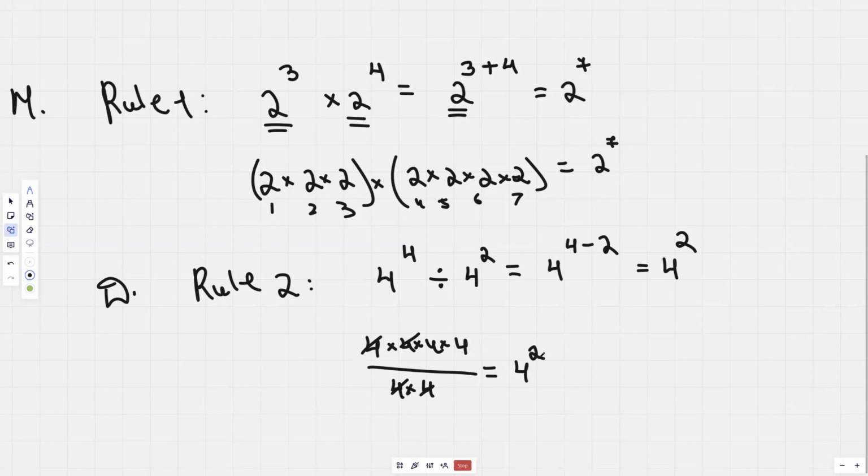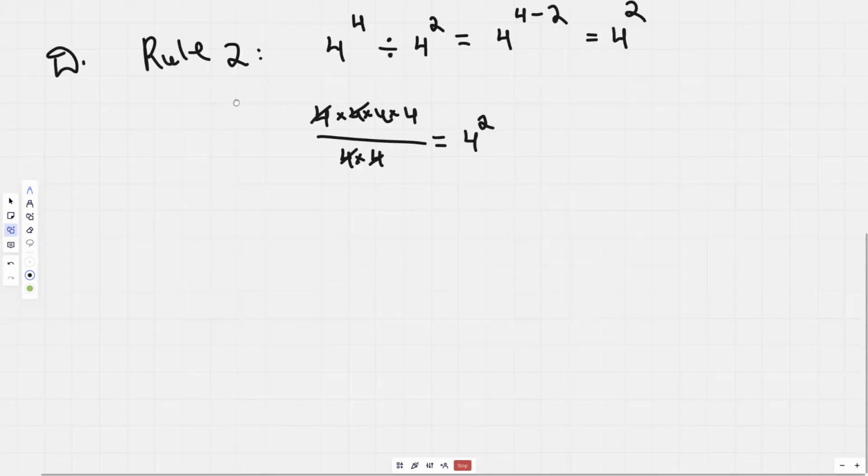And this will be our final answer. So if you expand and cancel the terms, it's the same as just subtracting the powers. So this was dividing.